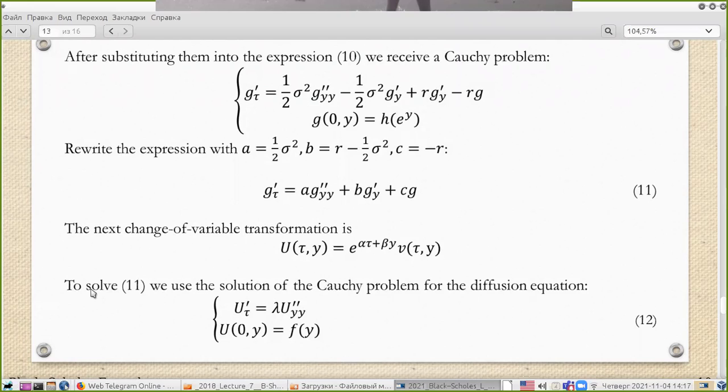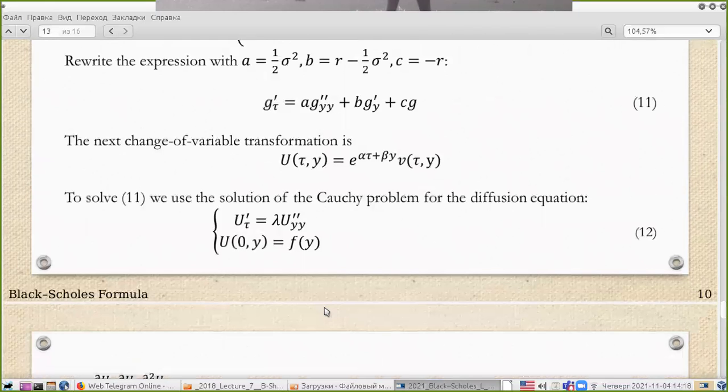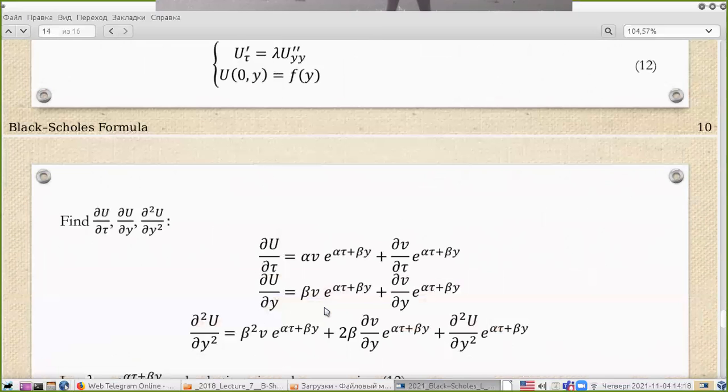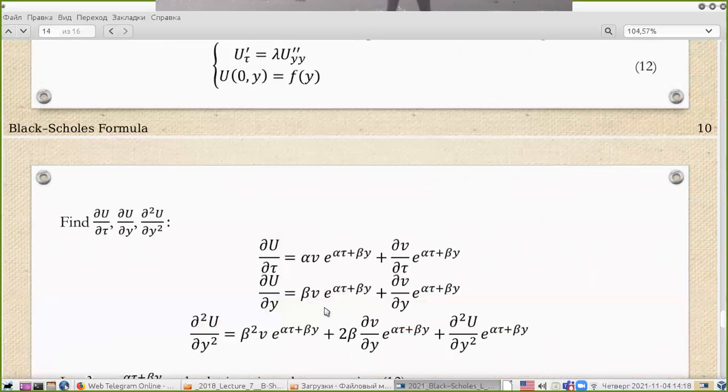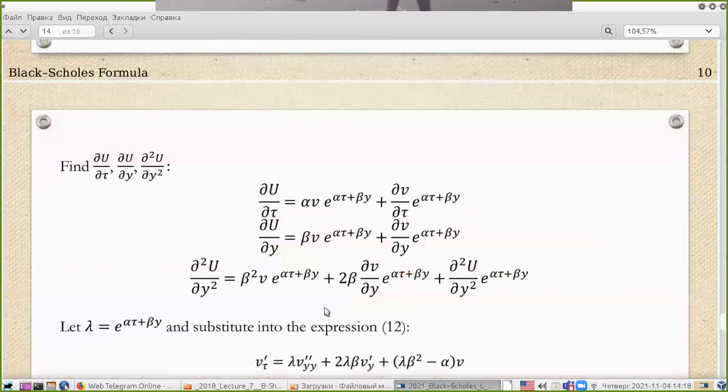So to solve 11, we use the solution of the Cauchy problem for the diffusion equation. So we would like the derivative of this capital U with respect to t on the left, but on the right side the second derivative. So now we should find this and check if it's true.